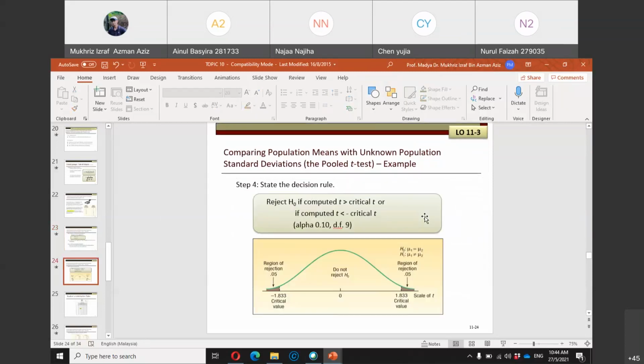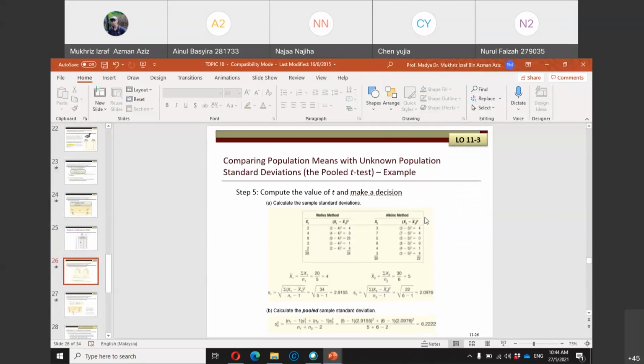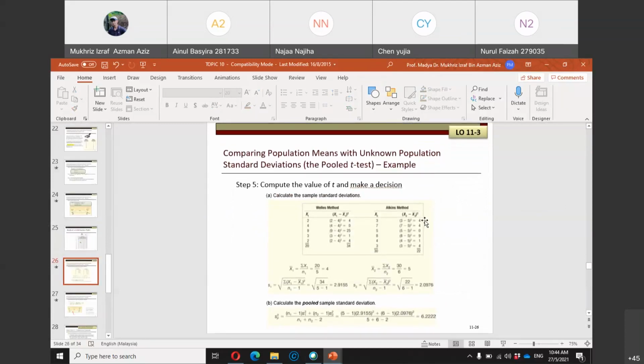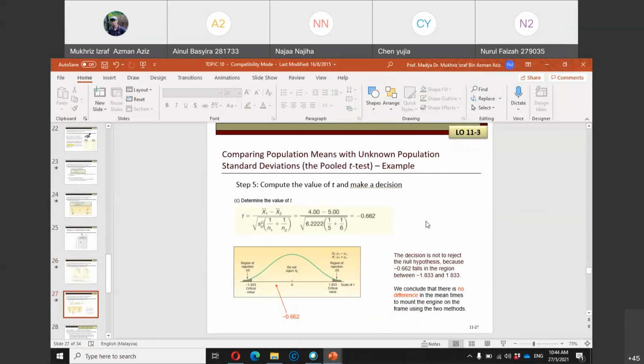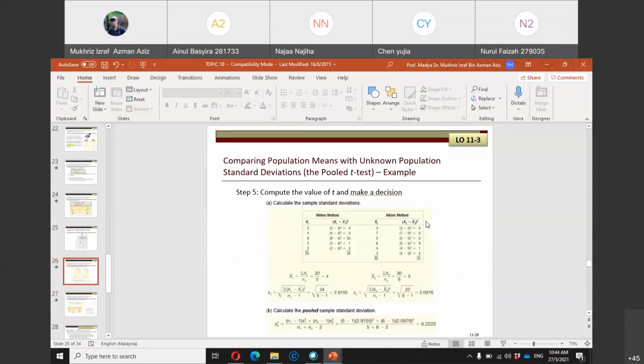So instead of using just 1 and 2, you can use the symbols U and S. Here, if you look at the calculation, Wellis.